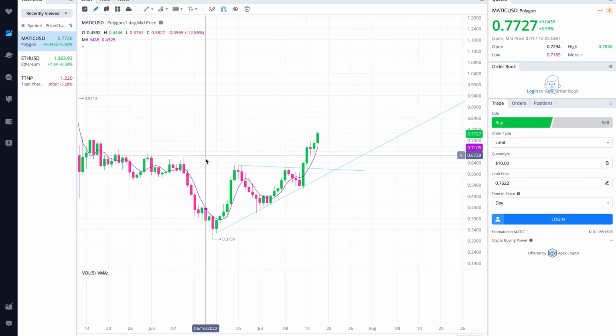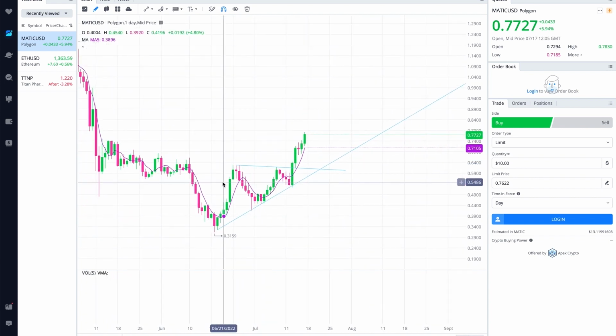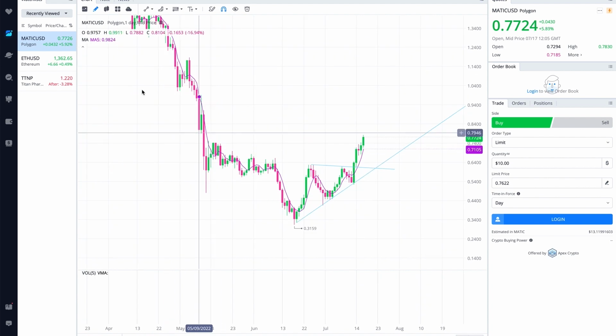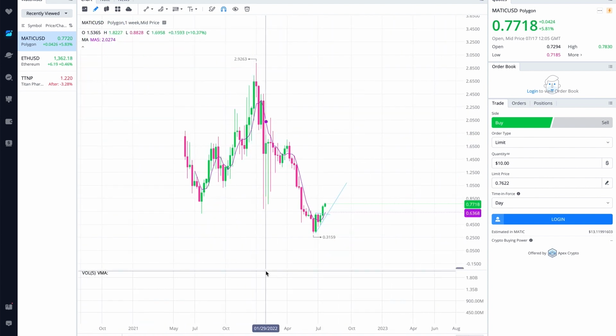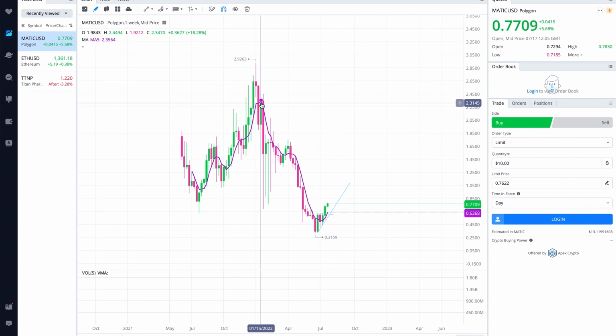dollar cost average, because simply back in January, when I did a video on Polygon, it was trading roughly at around $2.31. January 15th. Of course, there was a whole market.